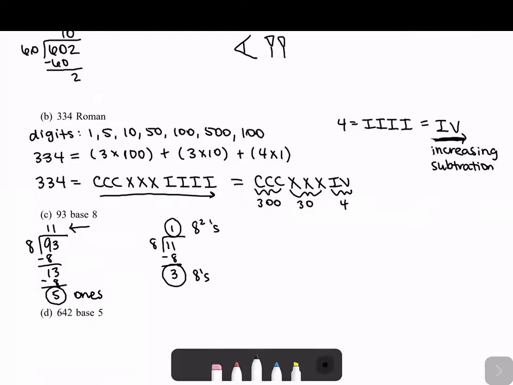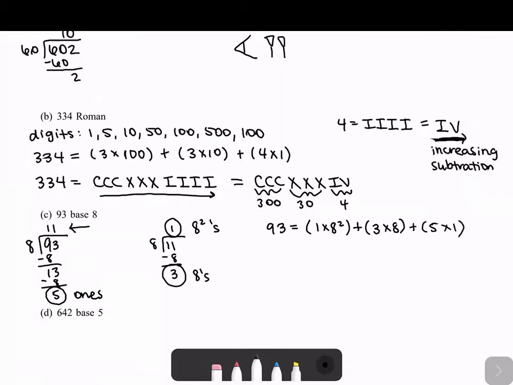Now we can use this to write this out in an expanded form. I think it's really helpful to write this in an expanded form before you just write it as this number, base 8. So we have that 93 is, working backwards here, 1 times 8 squared plus 3 times 8 plus 5 times 1.